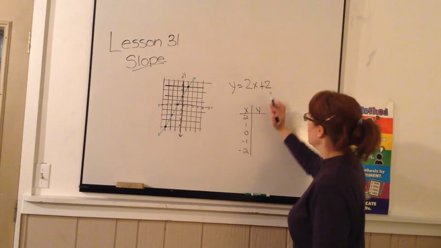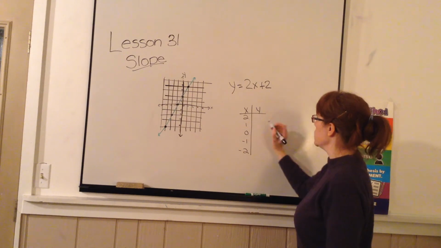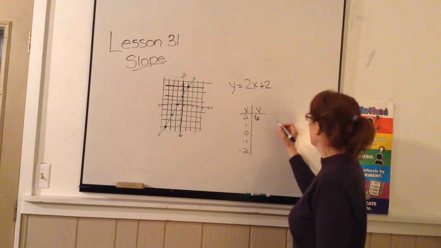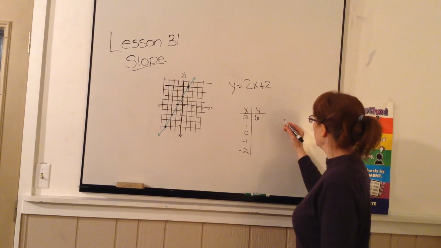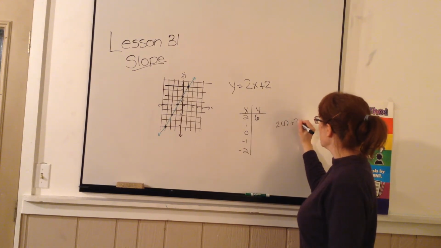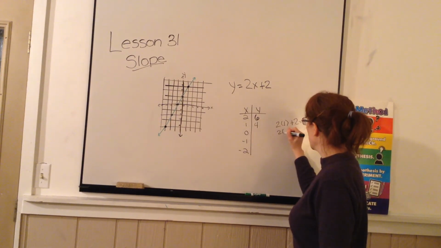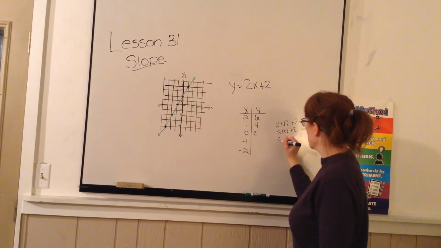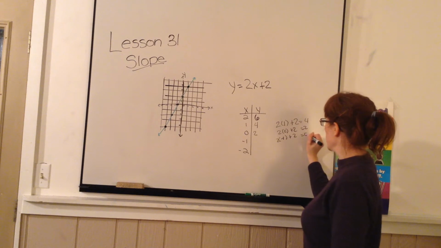I have 2 times 2 is 4, plus 2 more is 6. 2 times 1 plus 2 is 4. 2 times 0 plus 2 is 2. 2 times negative 1 plus 2, that's negative 2 plus 2, that's 0.